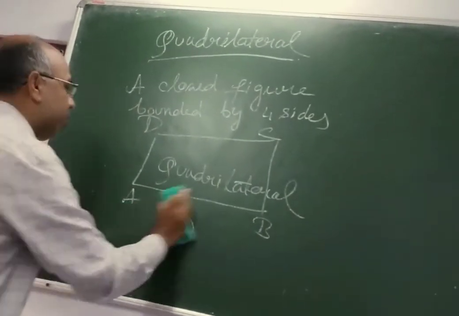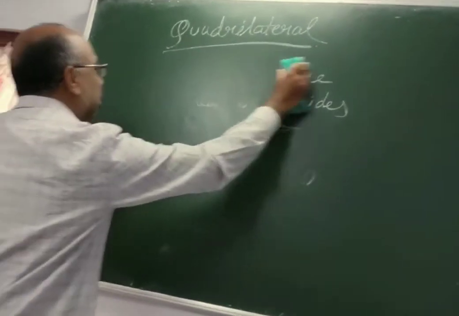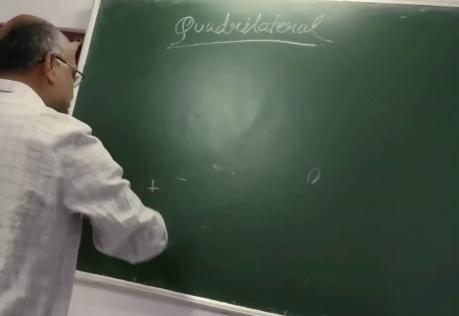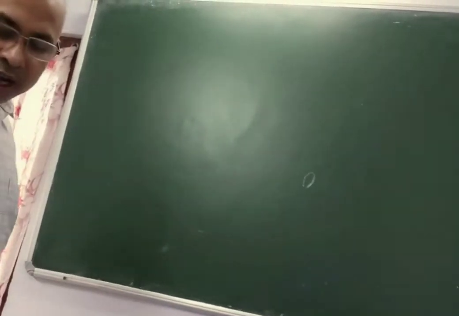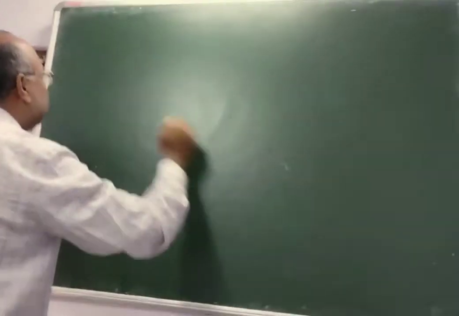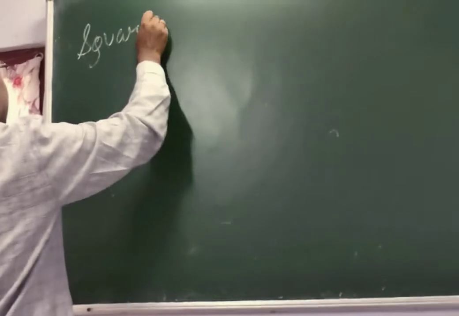Now let us talk about different kinds of quadrilateral. The first type is square. First we'll understand what this square is.